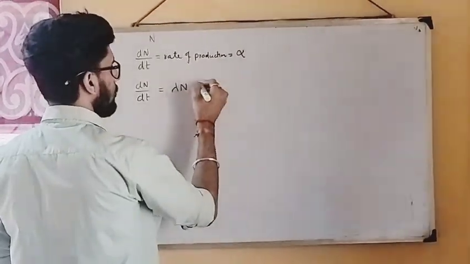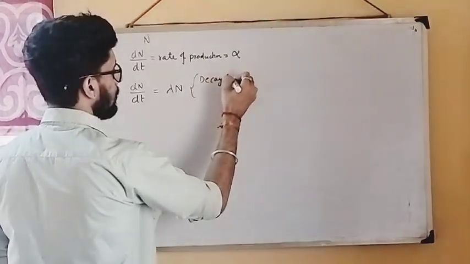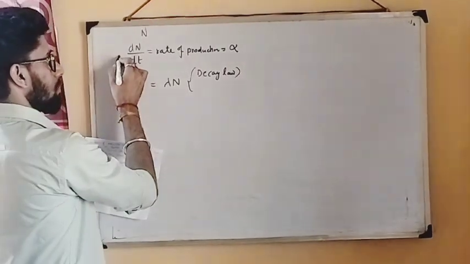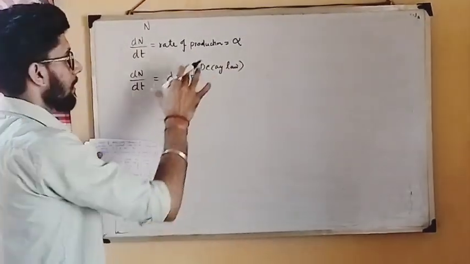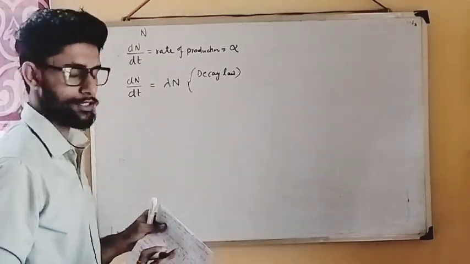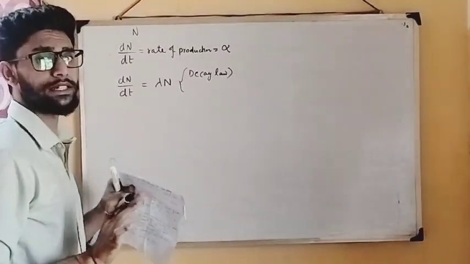This is your decay law, okay? See carefully. The question is saying that alpha is the rate of production, this amount of elements are producing, out of which this is the rate of decay. This amount of elements are decaying.